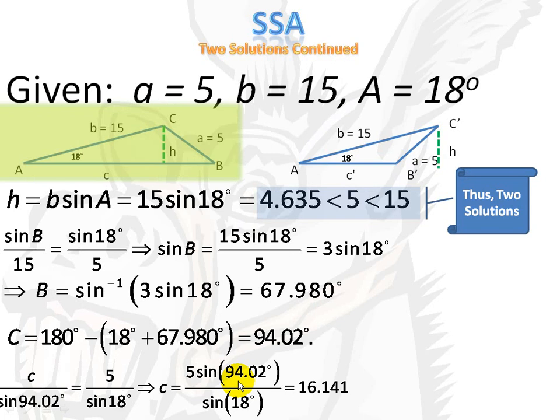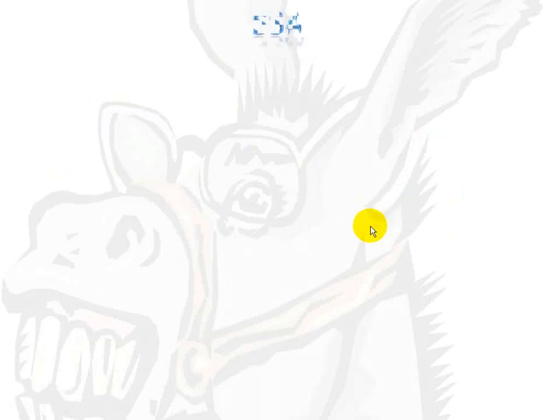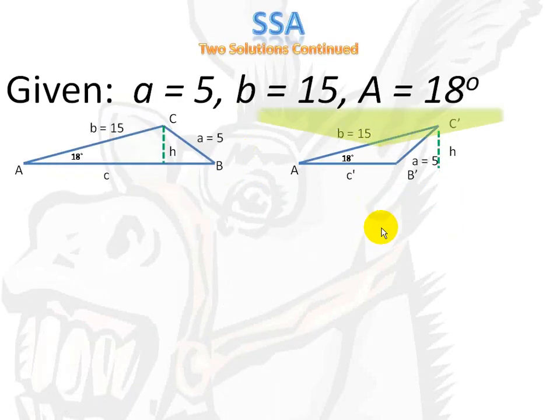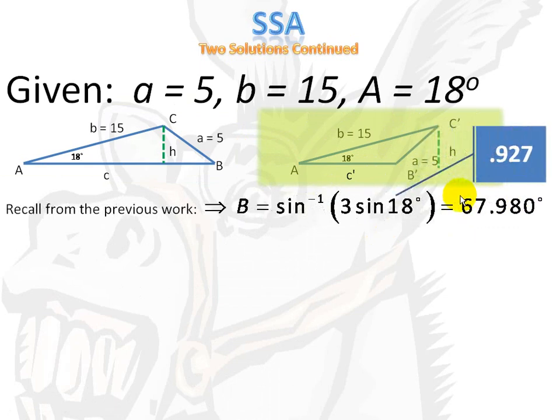Okay, now that is the solution for this triangle. Now we want to go to the next triangle. Now, we want to start here. We want to recognize that on the previous problem we found angle B by taking the inverse sine of 3 sine 18 degrees, and we found it to be 67.980.